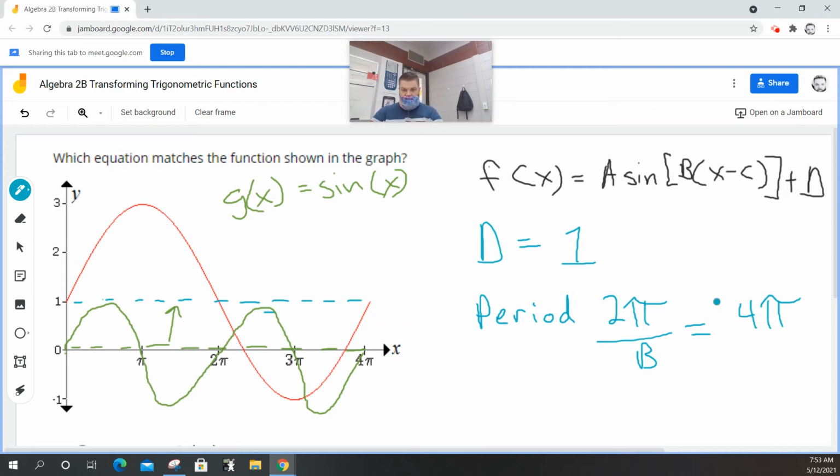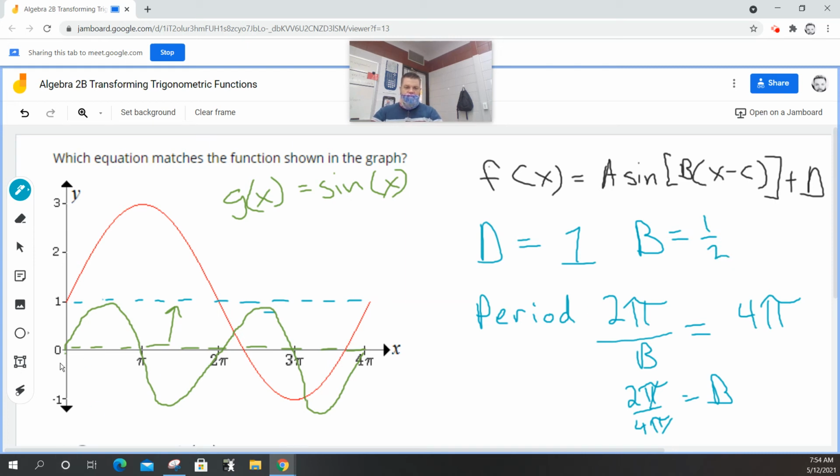So to solve for b, I just cross multiply the proportion and I'll get 2 pi over 4 pi equals b. So the pi's cancel, 2 over 4 equals 1 over 2, so b equals 1/2.